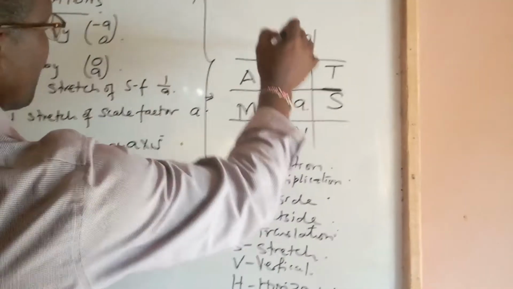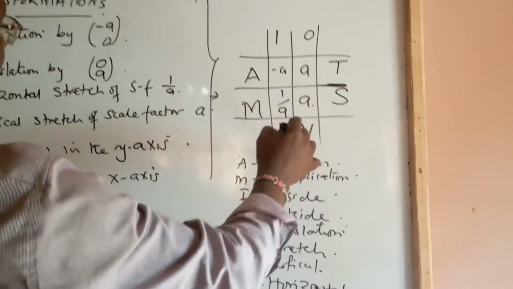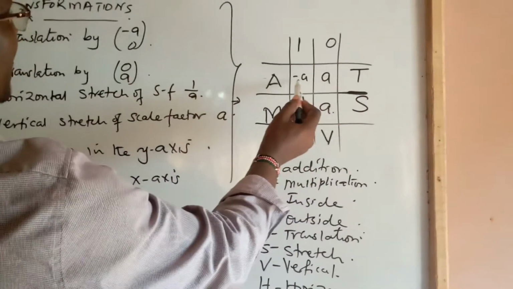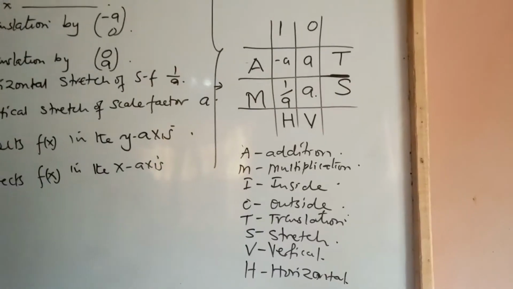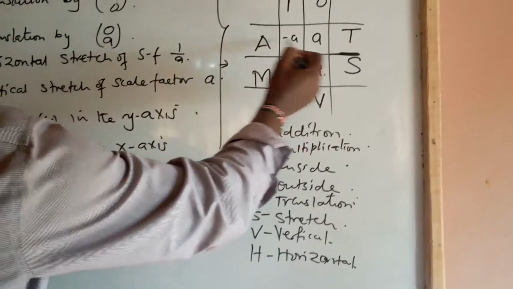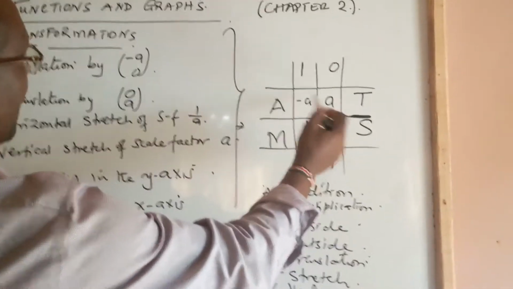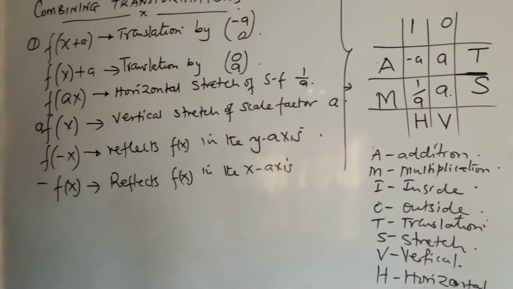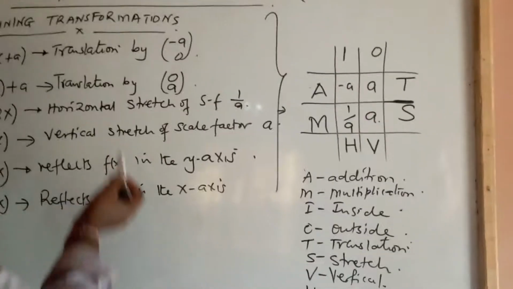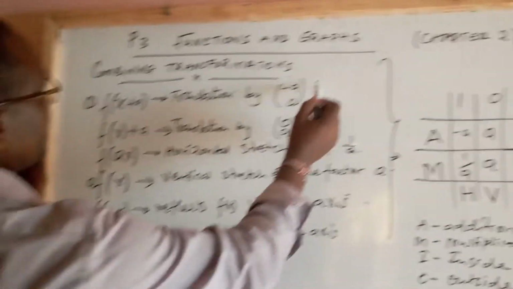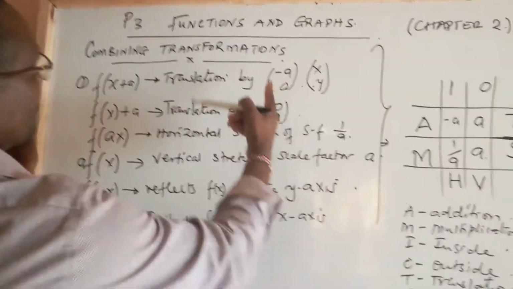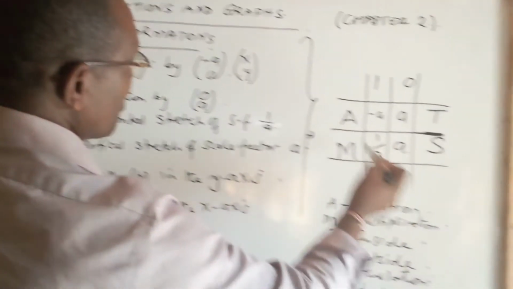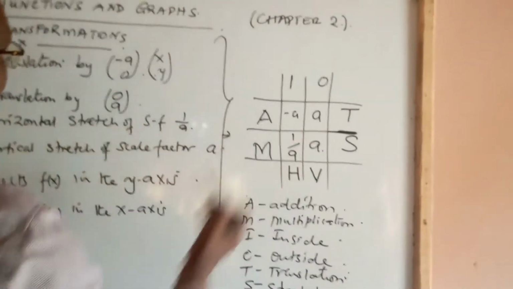Addition inside means horizontal translation of negative A steps, meaning that for all x values you subtract A steps. That is why you can see negative A is upon the x-axis.